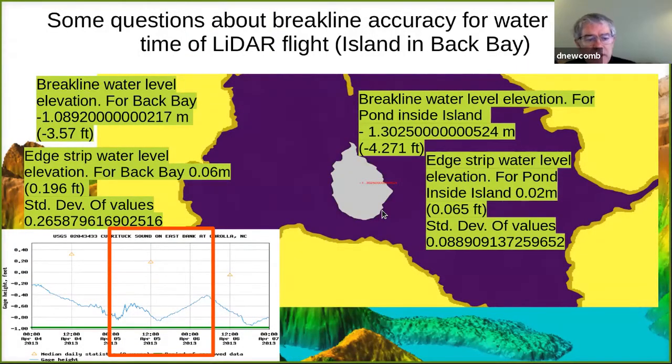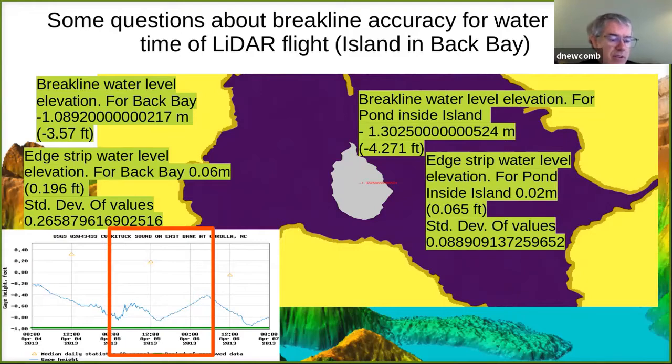Well, if you look at the Back Bay estuary, which is part of that, the break line for the shoreline on this is 3.5 feet below NAVD 88, whereas the edge strip value I'm getting for this is 0.196. The closest gauge for that is tens of miles away south in Corolla.